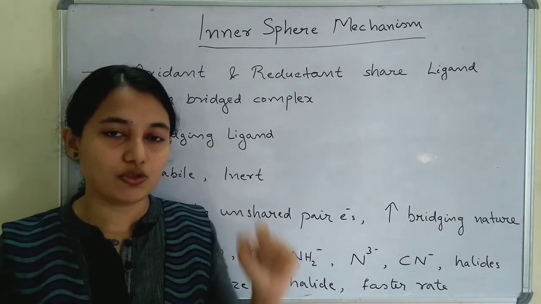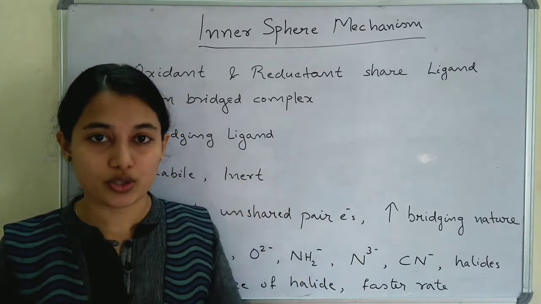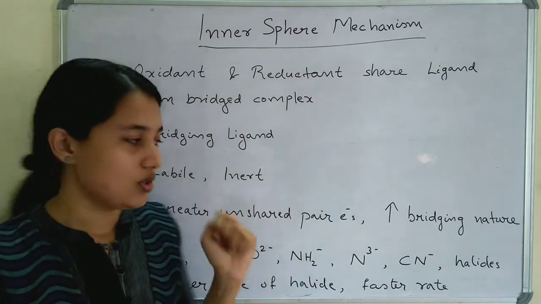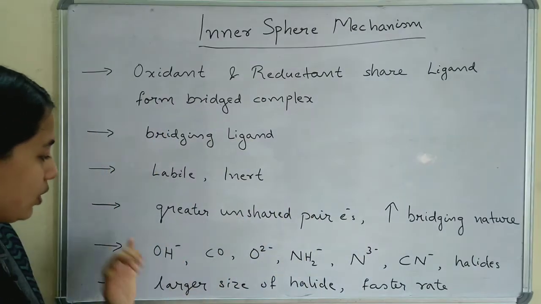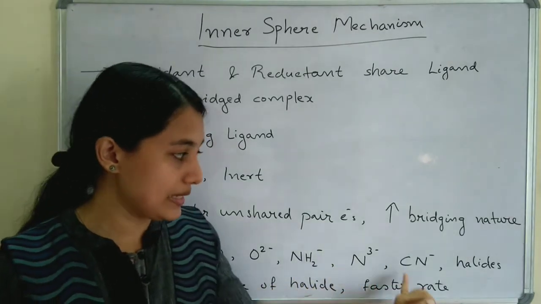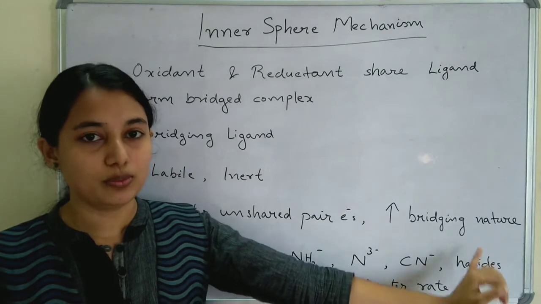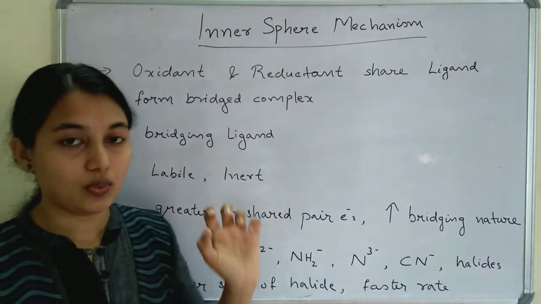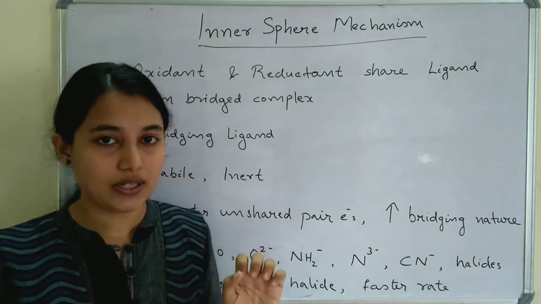Examples of bridging ligands are halides, OH minus, CO, CN minus, NCS. I have written here OH minus, CO, O2 minus, NH2 minus, N3 minus, CN minus, and the halides: fluorine, chlorine, bromine, iodide. These are bridging ligands which have unshared pairs of electrons.